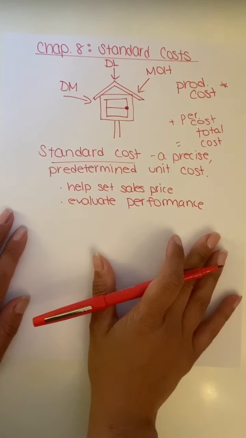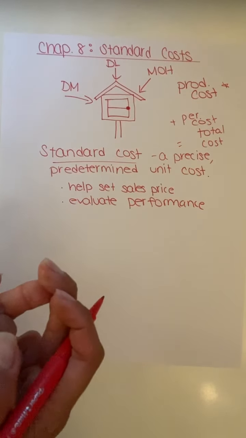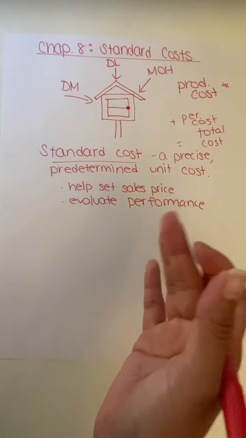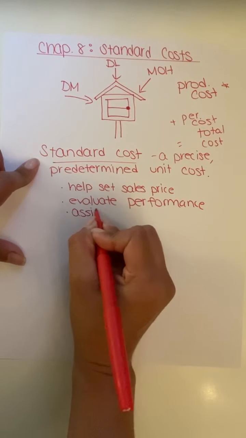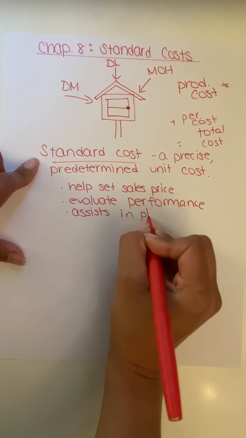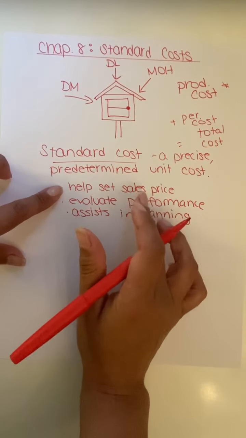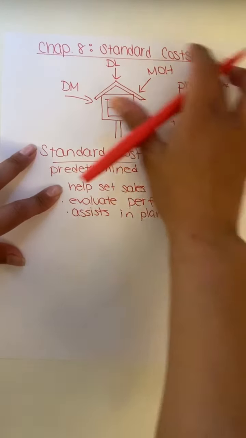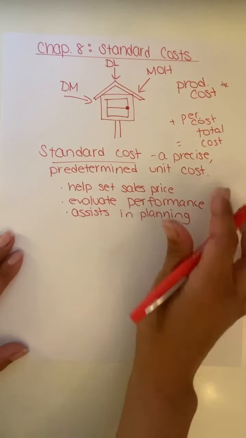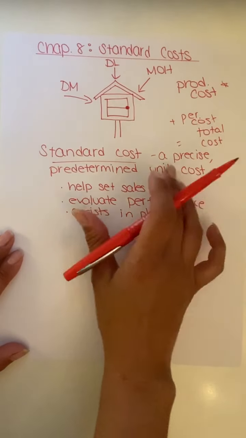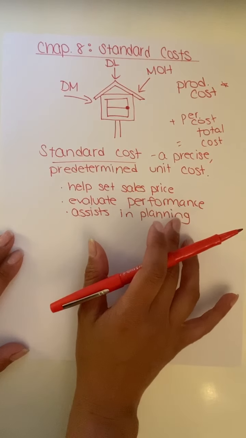And we know managerial accounting is all about helping managers to evaluate the company performance, right? Controlling the operations and assisting in planning. This also assists in planning, right? Because it helps us know how much we're going to have to set our sales price at, because we have to at least cover the product costs. Okay, so standard cost, there's your definition. Here's why it's helpful for manufacturing companies to take the time to calculate it, right?